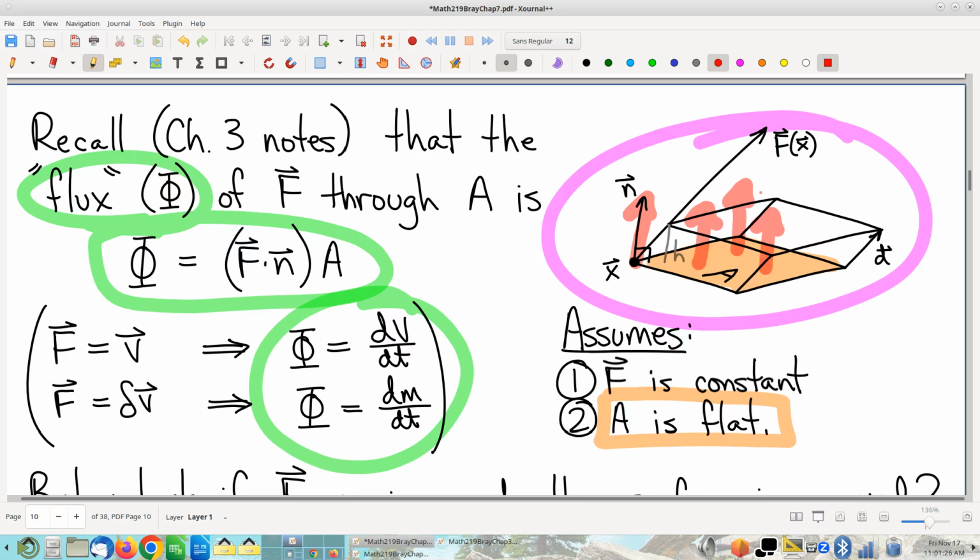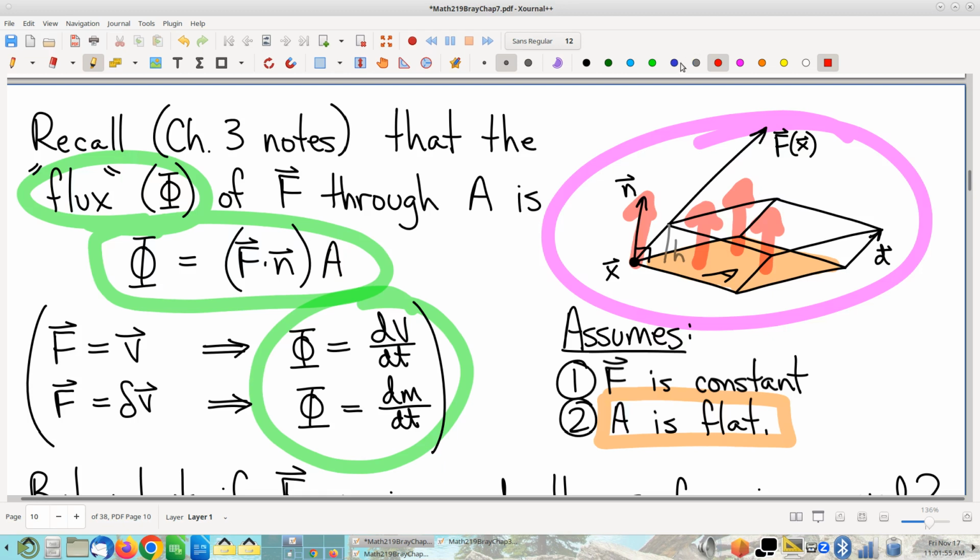Right, because I used the same normal vector for, in some sense, the whole area. So this formula that we have right now crashes and burns if your area is not flat. And tragically, most areas that we deal with in the real world are not flat. So what we have here is really just a starter example of how to compute flux that we're going to have to figure out how to modify.